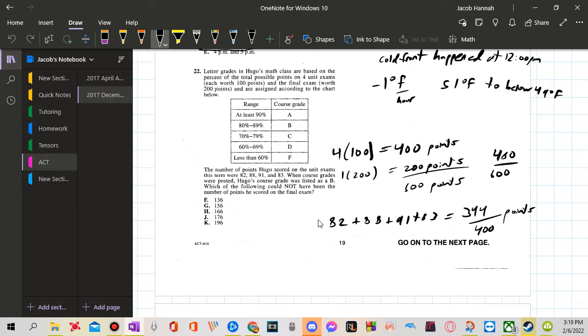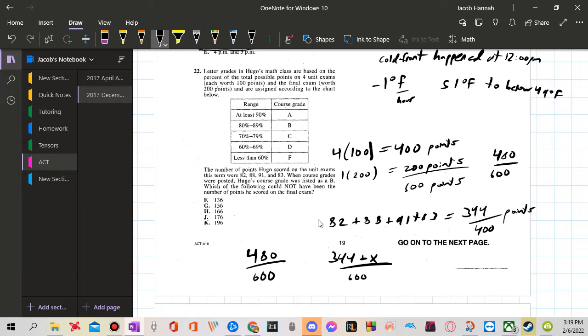So 80% of 600 points is 480. So 480 is the total amount of points needed. And Hugo has 344 plus X over 600 possible points, where X is what he made on the final exam.